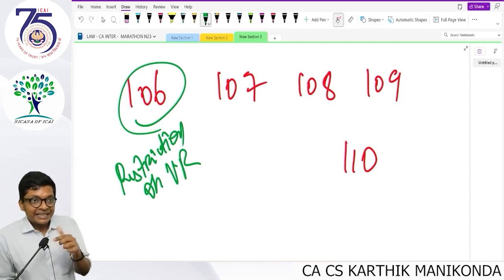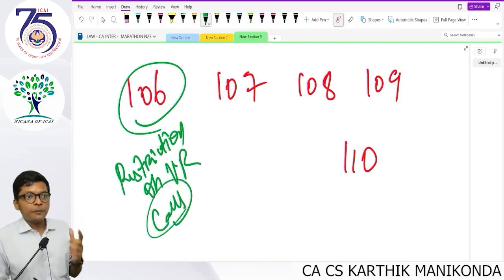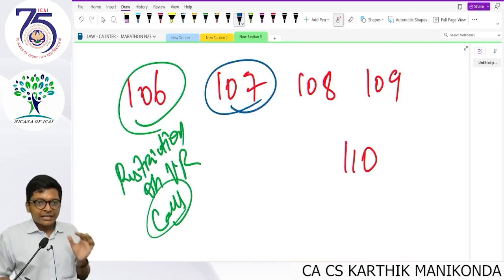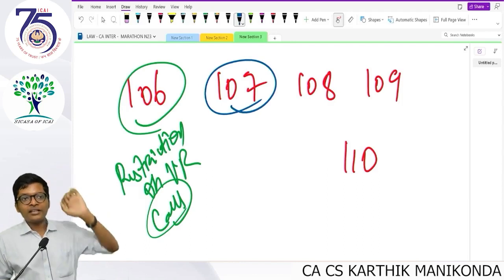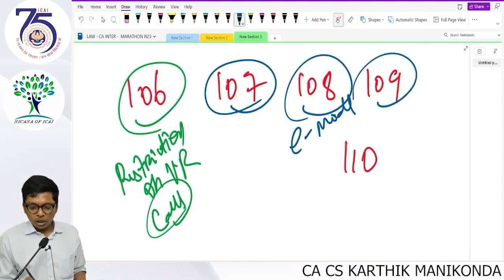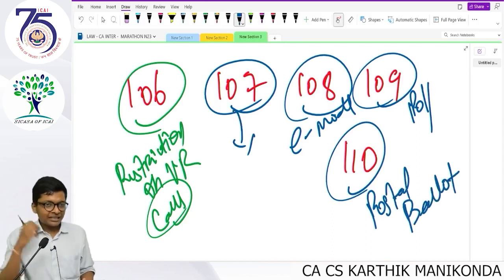Yes. He cannot vote only if the calls are not paid. If there are calls in arrears, then he cannot vote. Then 107 is voting by show of hands. 108 is e-mode. 109 is poll. 110 is postal ballot.